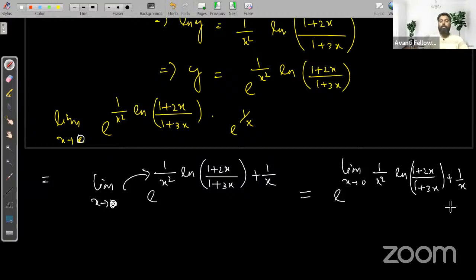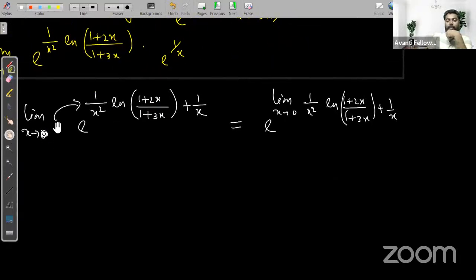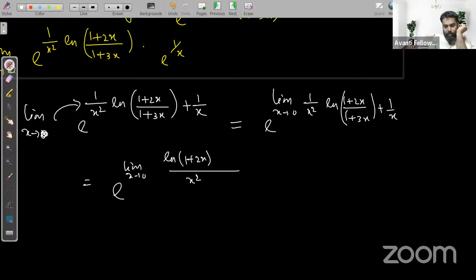Now if we take the LCM in the exponent of the exponential, then what you are having, e raised to limit extending to 0, it will be x square, and this will be ln of 1 plus 2x minus ln of 1 plus 3x plus x.